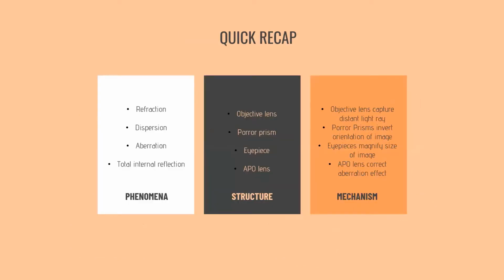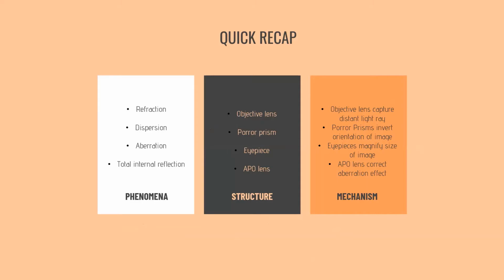And then we make a quick recap of this presentation. The phenomena that occur inside a binocular include refraction, dispersion, aberration, and total internal reflection. The structure of a binocular includes the objective lens, two prisms, the eyepiece, and APO lenses.